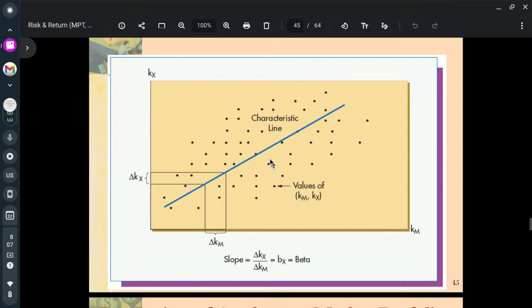So based on this, what you will need to do is find the slope of the best fitting line, because the plots don't fall neatly on a single straight line. They are all scattered. So the best you can do is find the slope of the straight line that best fits this scatter plot.